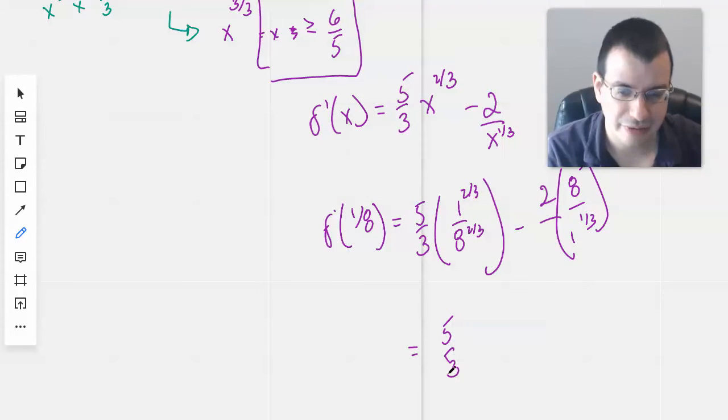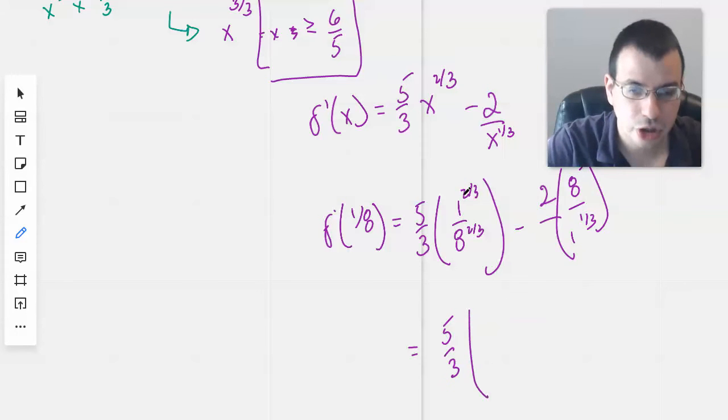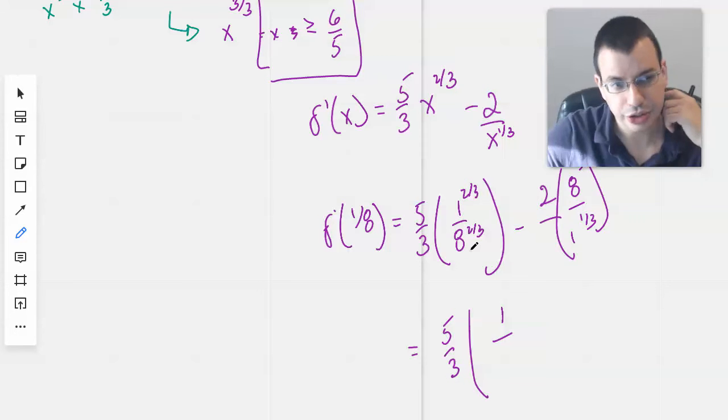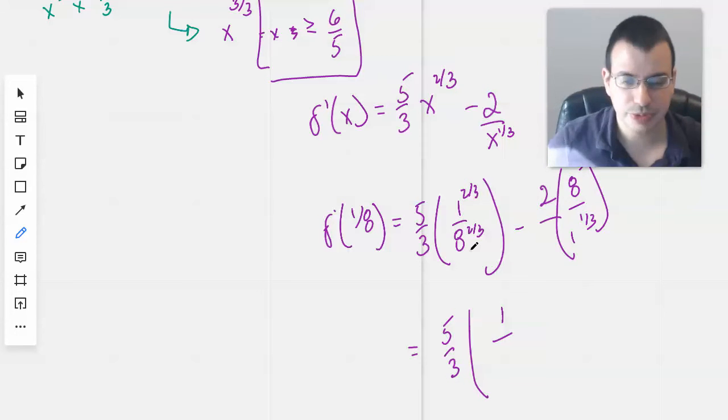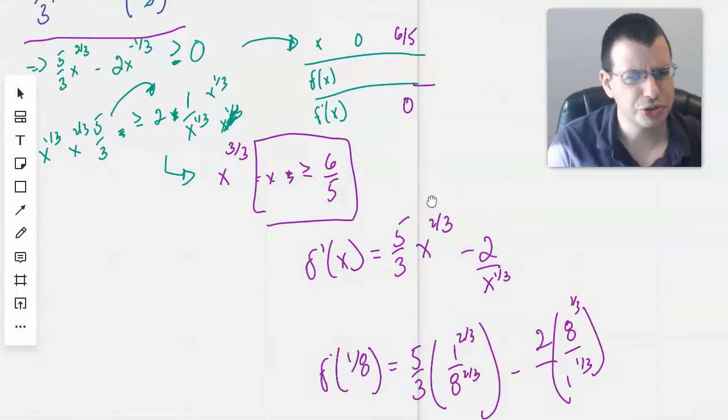So then we'd have 5/3. 1 to the 2/3 will just be 1. Now 8 to the 2/3, the easiest way to do this is probably to look at it as the cube root of 8, which is the reason I chose 1/8. You're like, wow, why'd you choose 1/8?